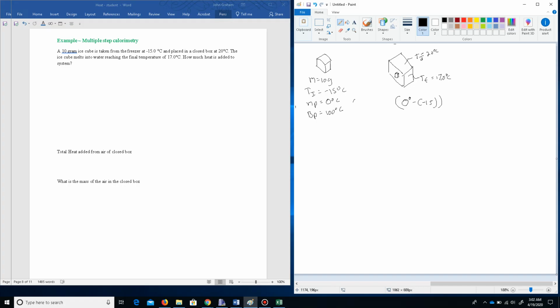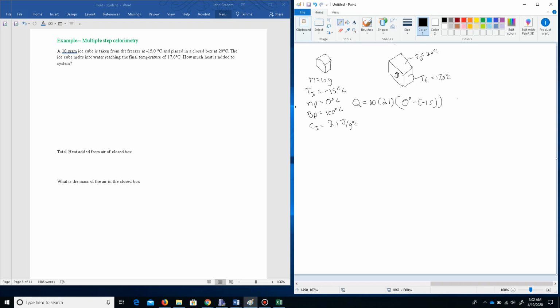And the mass is equal to 10 grams. And specific heat, let me write that down. Specific heat of ice, 2.1 joules per gram Celsius. Right, so we have grams for mass, grams for specific heat. So we're going to do 10 times 2.1. And so we get, that's the first part.